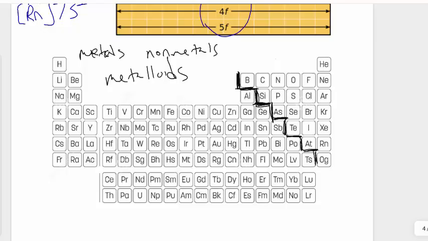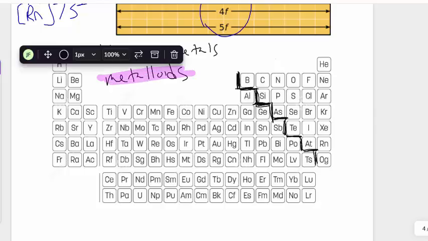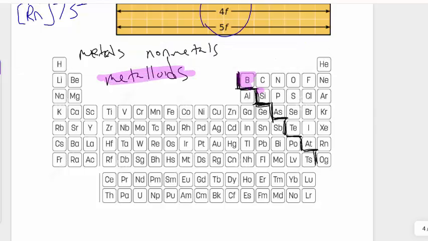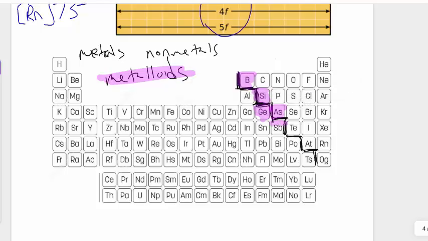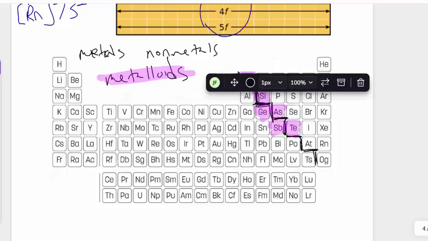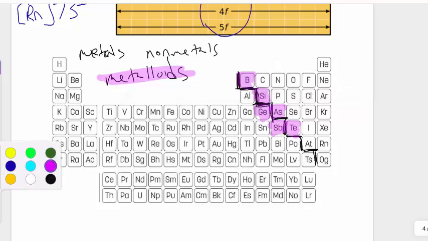And so we'll do the metalloids first. There are 6 metalloids and they border the staircase: boron, silicon, germanium, arsenic, antimony, and tellurium. Okay, these would be the 6 metalloids. And then we'll do the nonmetals next.